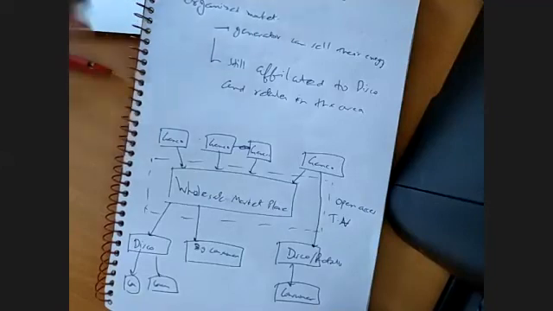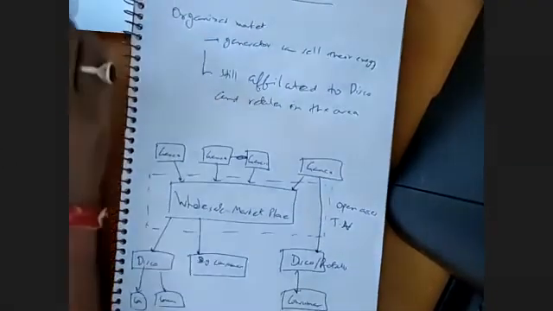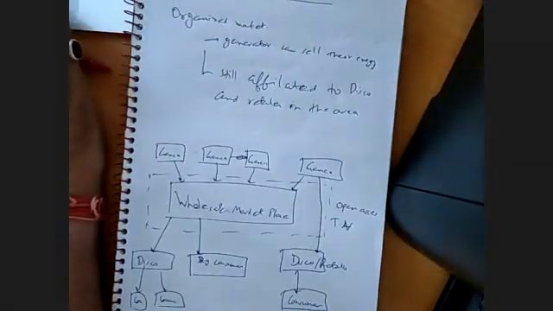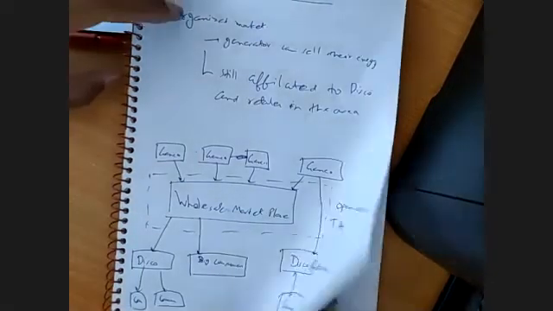So this is the wholesale competition model, and this model provides a competitive environment for the generators because the wholesale price is determined by the interaction between supply and demand.